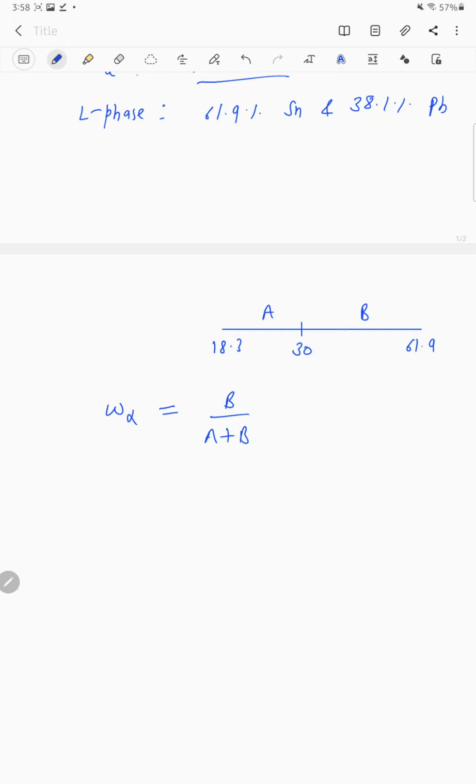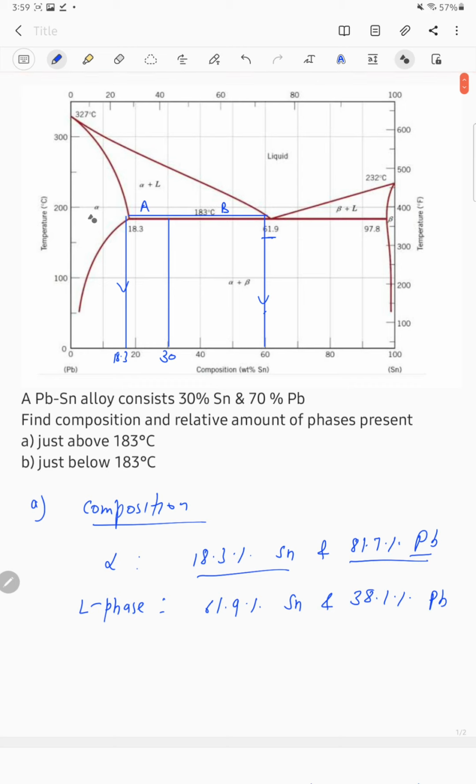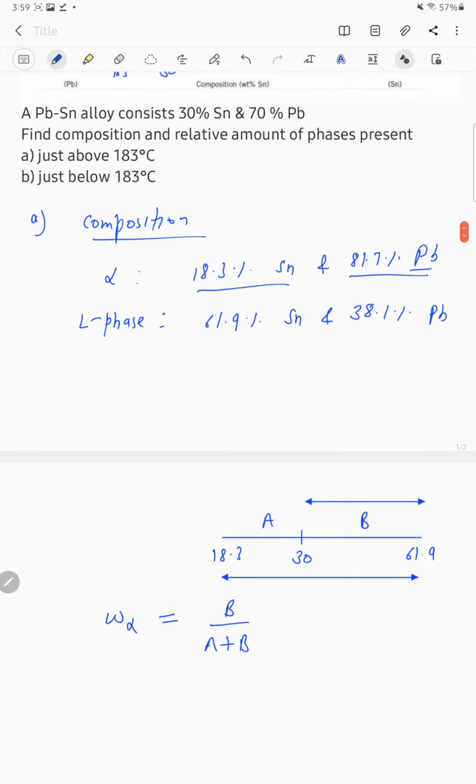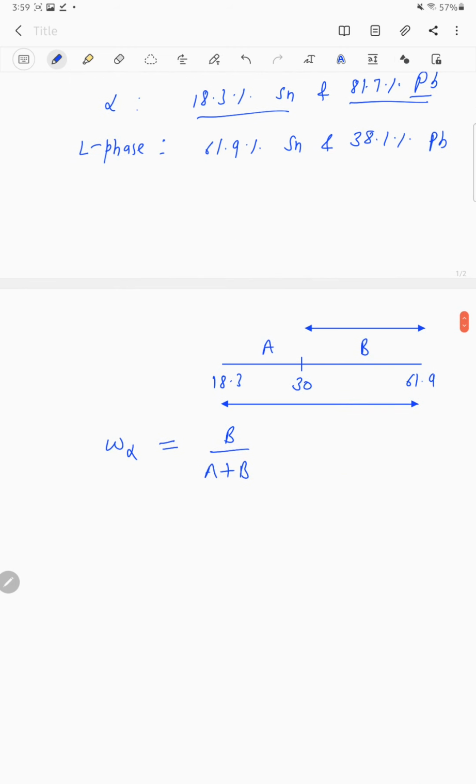This length divided by total length, so that will be alpha. For alpha we take the opposite end, and for liquid we take this end of the lever, the left side. It is very simple. For percentage we multiply by 100. So what will be A?